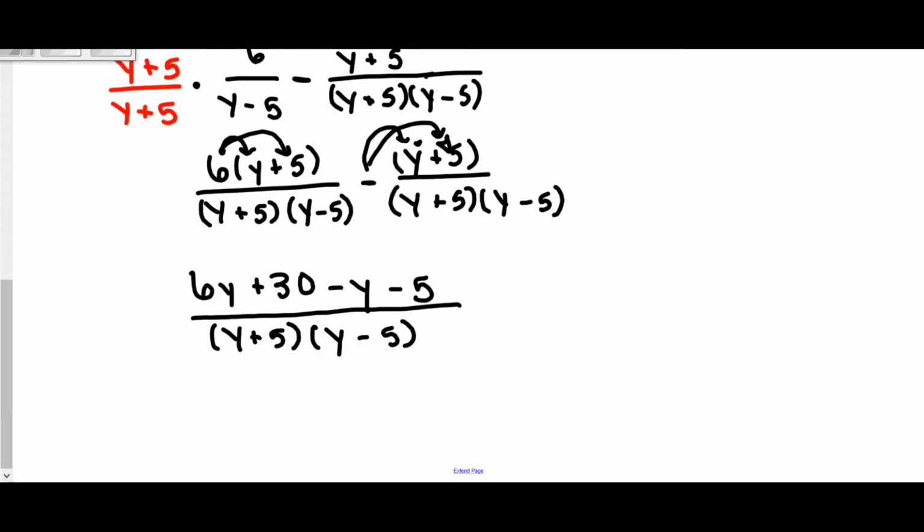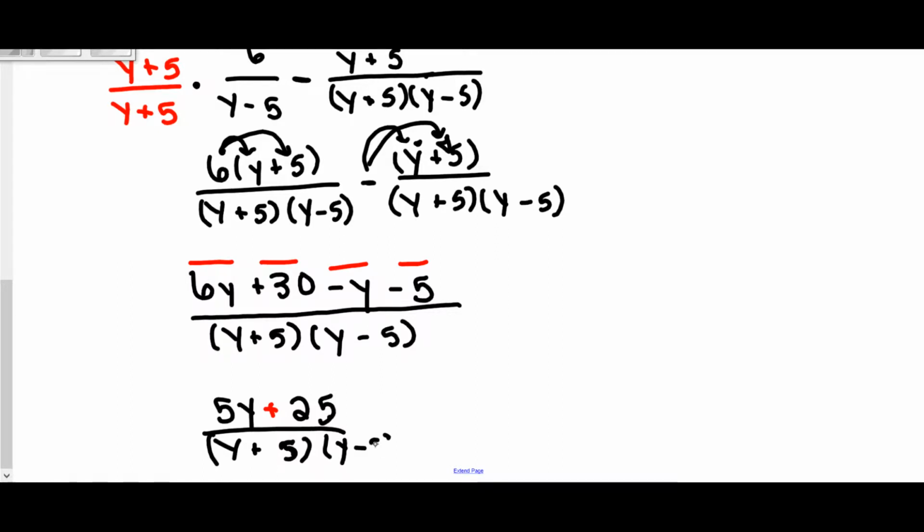I'm just going to combine my like terms. I have 6y and negative y. That gives me 5y. I have 30 minus 5, which gives me a positive 25 over y plus 5, y minus 5.